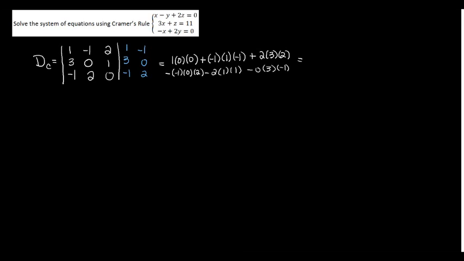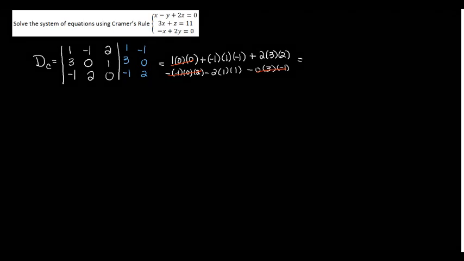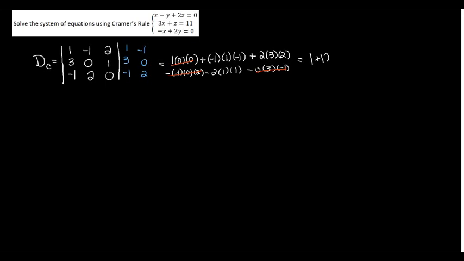And if I combine these, to make the math a little easier, cross out any of the 0 entries. So that's 1 plus 12 minus 2, which gives me 11. Now we're going to solve for x by replacing the x column with what the equations were equal to: 0, 11, and 0, and leave the remaining ones the same.